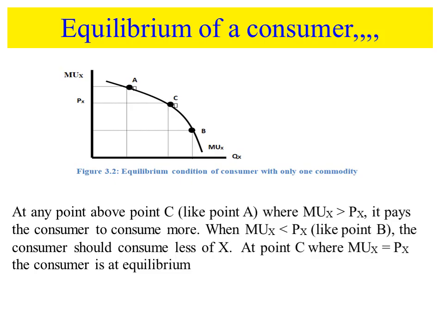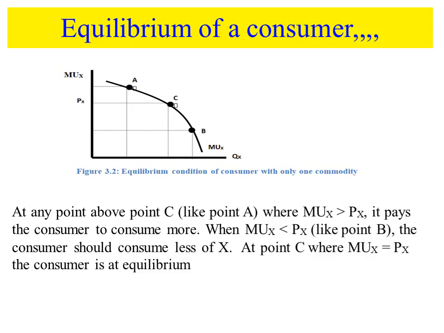If your satisfaction is at point C, for example, marginal utility of X equal to the price or expenditure you incur, the consumer is at equilibrium. At this time, it is at the satisfaction point. Your expenditure is equal to your satisfaction.